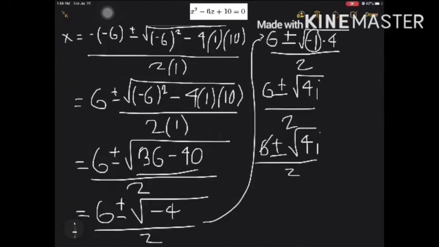6 divided by 2 is 3. Then 2 divided by 4, 2. Then the 2 will get cancelled. So what we have left is 3 plus minus square root of 4i.